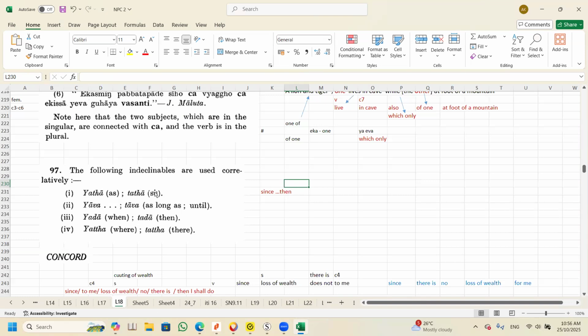Yatta and tatta. You will always come as yatta and tatta, like where the Buddha stayed. Relative adverb. Then you see the pair: yatta, tatta, yava, tava, yada, tada.